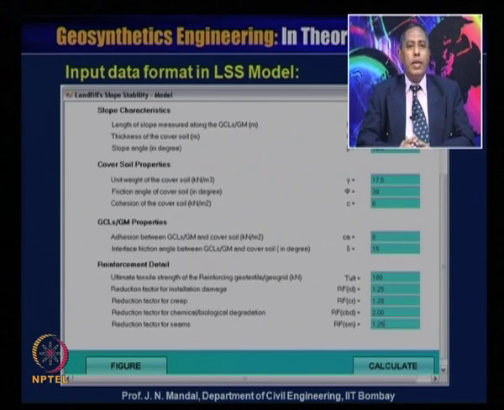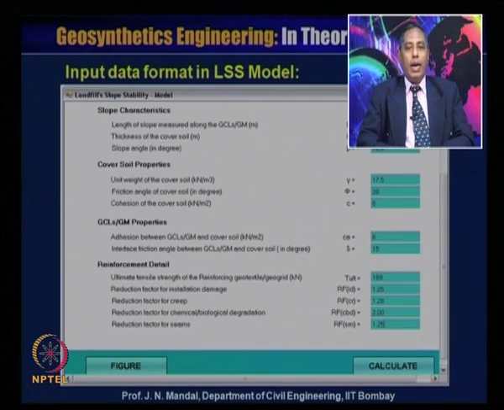Now, the geosynthetic clay liner or geomembrane properties. That means adhesion between the geosynthetic clay liner or geomembrane and the cover soil, that is CA, is equal to 0, and interface friction between the geosynthetic clay liner, geomembrane and cover soil, that is δ, is equal to 15 degrees.